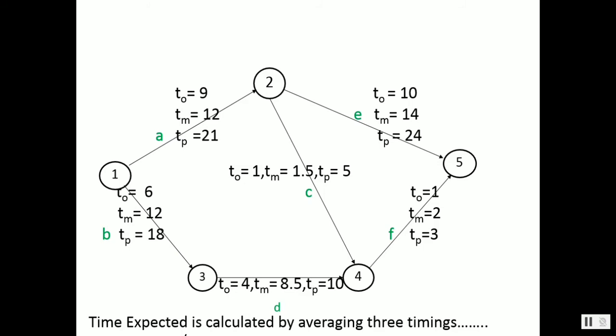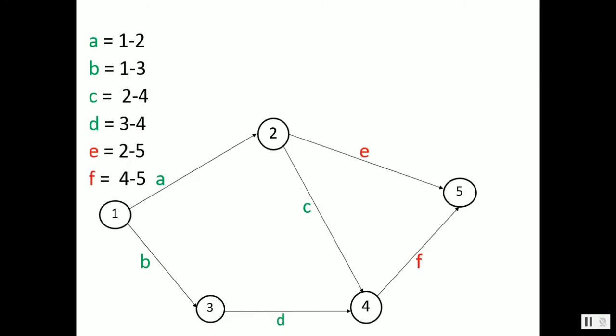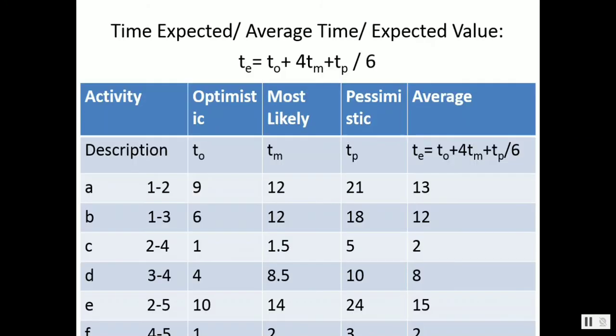Similarly, on D, TO 4, TM 8.5, TP 10, and activity E, that is 2, 5, TO 10, TM 14, TP 24, and in activity F, that is 4, 5, TO 1, TM 2, TP 3. It is taken on the basis of the information given under this table, which we can refer to.